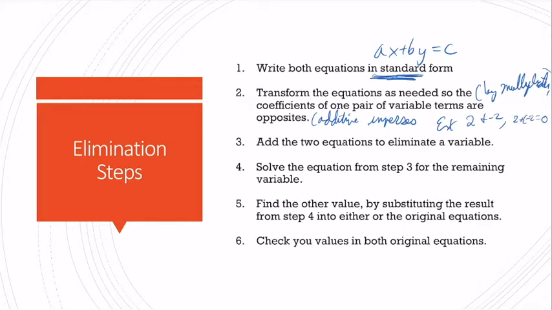Next, I need to add both equations vertically to eliminate the variable. We're going to solve the equation from step 3 for the remaining variable, and then we substitute into either of our original equations in order to find the value for our remaining variable.